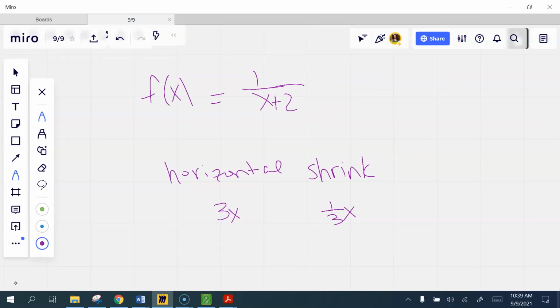If I gave you this equation, if I said 1/3x plus 2, would you tell me that's a horizontal shrink or a horizontal stretch? A horizontal shrink because it's opposite. So this is what you would need to use for the horizontal shrink. So that's a horizontal shrink of 1/3. It's always the opposite. Correct.